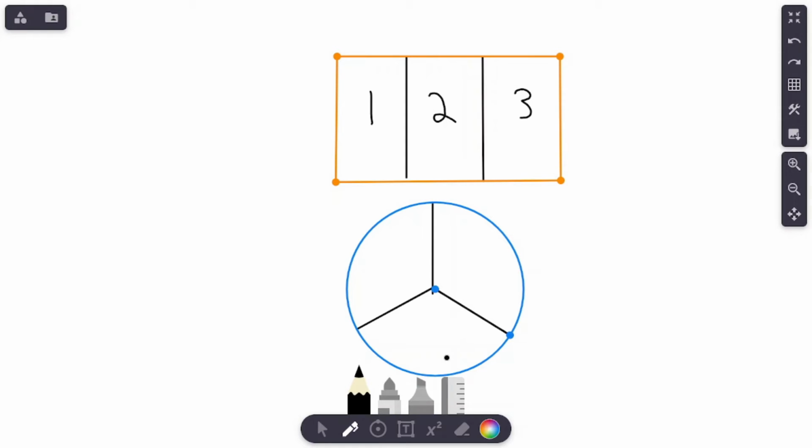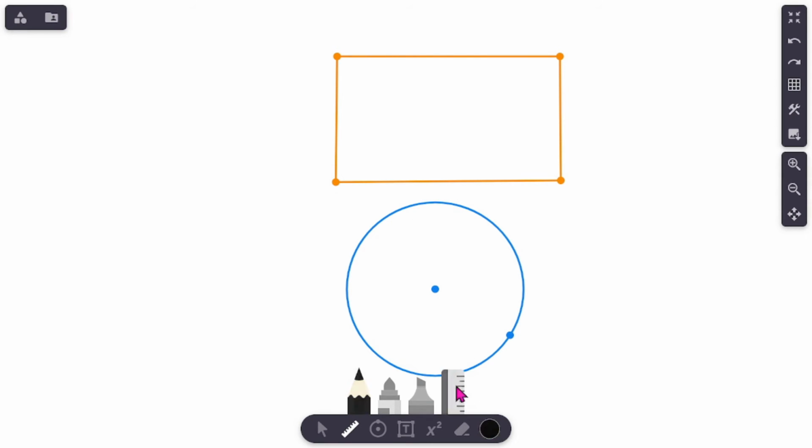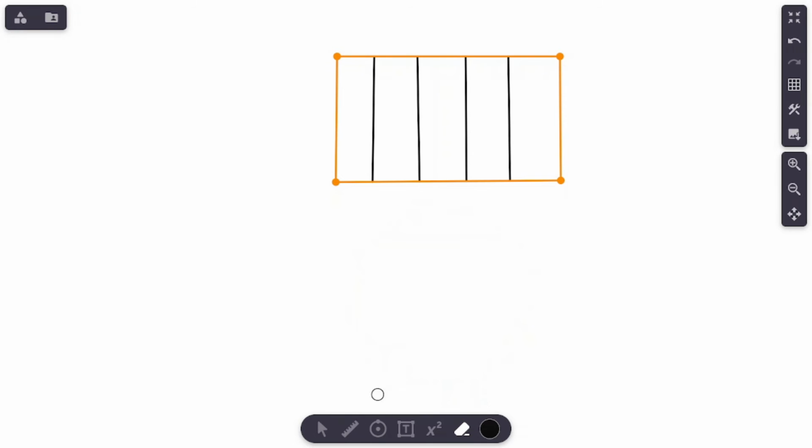I'm going to break this rectangle up again, and I want you to see how many sections I break it into. Taking a look at that rectangle, how many sections did I break it into? 1, 2, 3, 4, 5. Five sections.